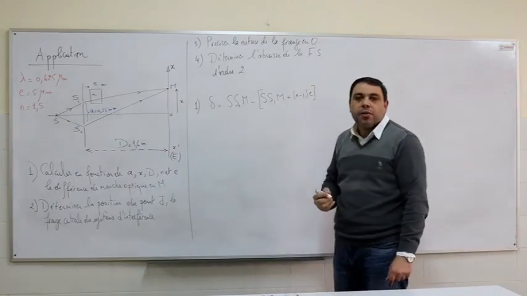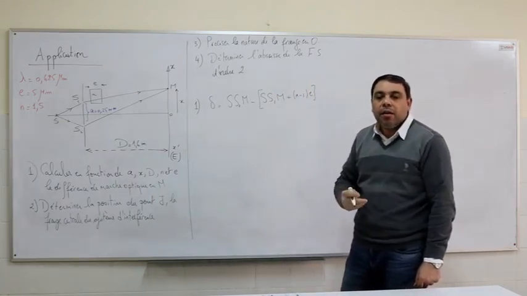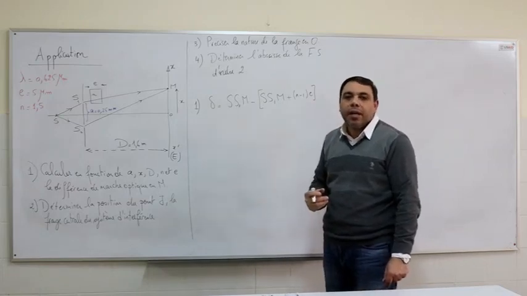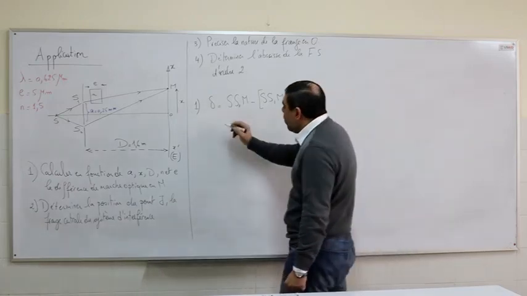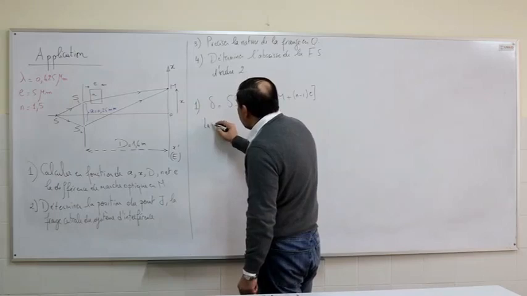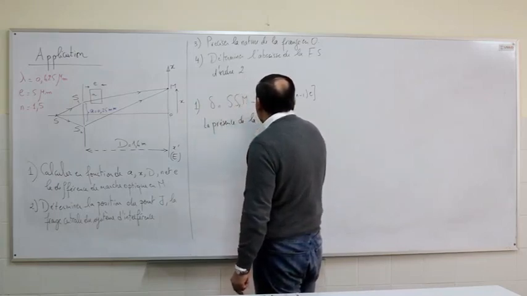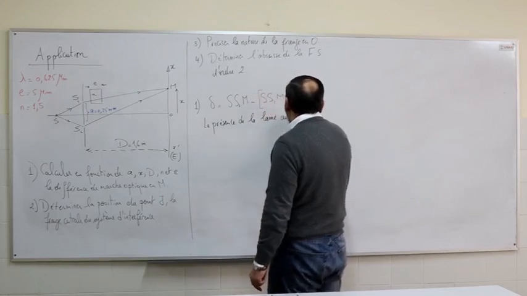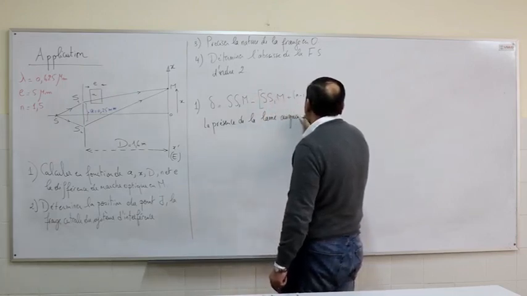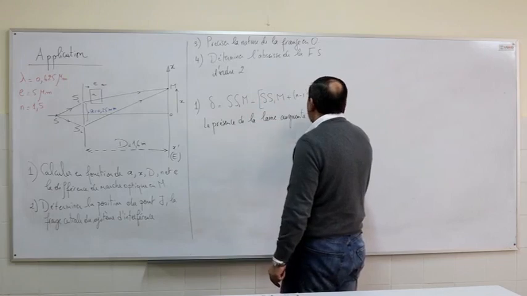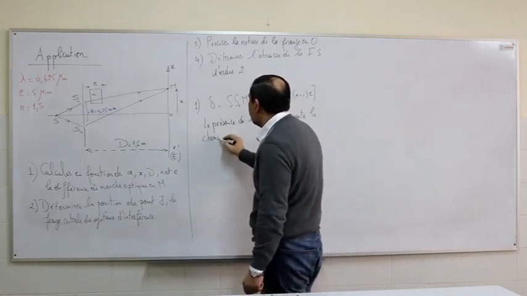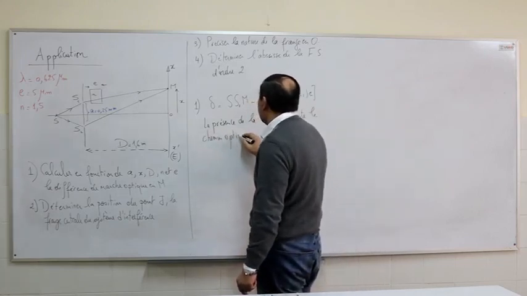Why? Since the presence of the parallel plate increases the optical path by (n minus 1)e.